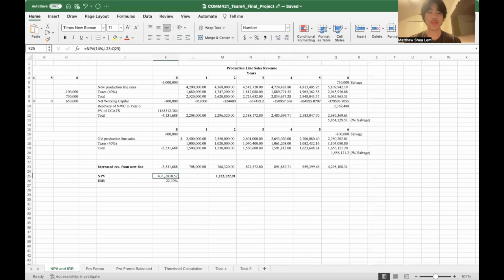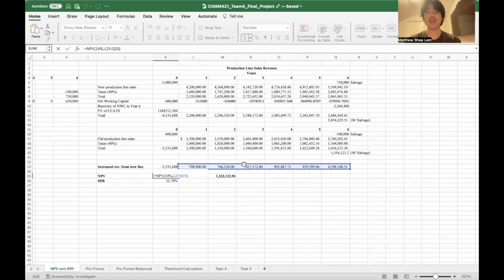Finally, we calculated the NPV by using these new values that we got from the subtraction of the old production line from the new production line. We also used a discount rate of 14% because the WACC of the company was 14% and they were unlevered, so their WACC was equal to their discount rate.